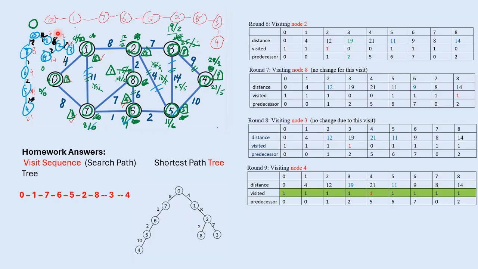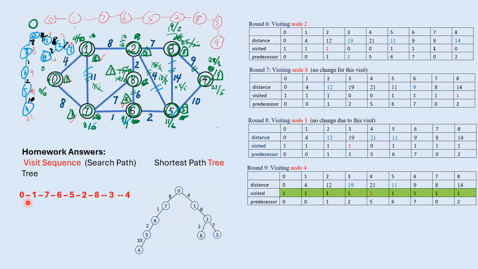So do this on scrap paper. In the end, you may or may not need to show this, but I want you to show the sequence of the search. So in homework answers, show the visiting path, for example, the sequence is 1, and so on. Remember, the visiting path is not the shortest path tree. Don't confuse this.